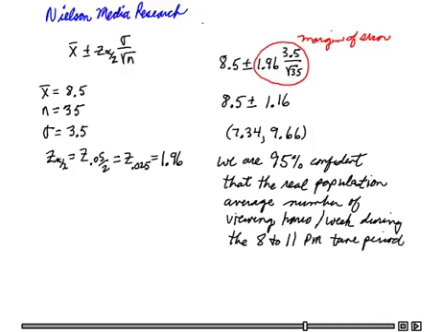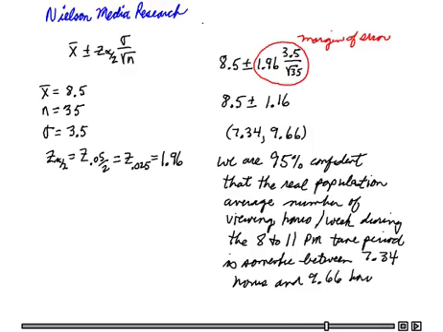So 95% confidence, or we're 95% confident that the real population average number of viewing hours per week during the 8 to 11 p.m. time period is somewhere between 7.34 hours and 9.66 hours.